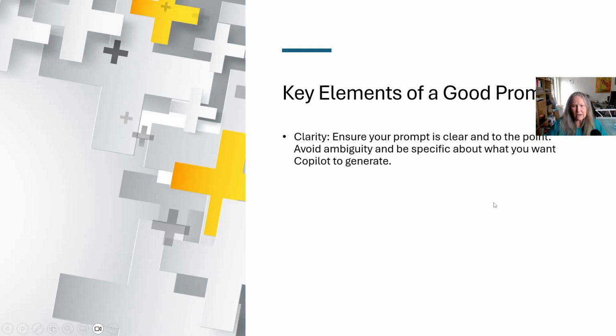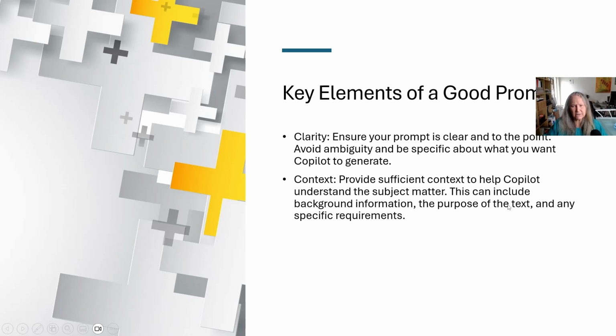So key elements of a good prompt. We now know clarity, understanding and ensuring that your prompt is clear and to the point. Avoid ambiguity and be specific about what you want Copilot to generate. Provide sufficient context to help Copilot understand the subject matter. This will include background information, the purpose of the text, any specific requirements.